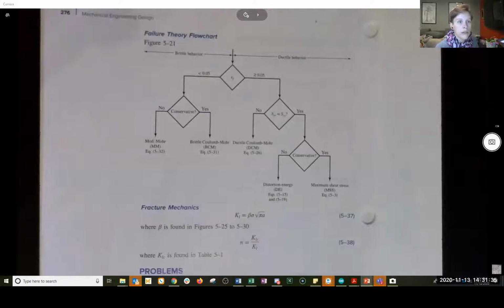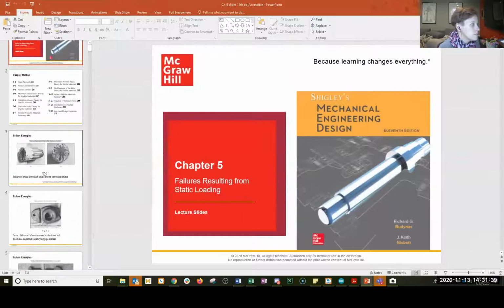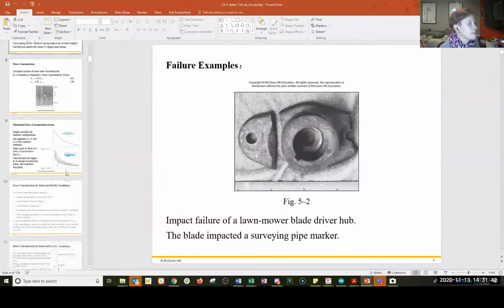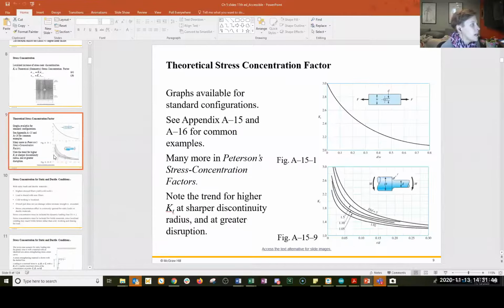So let's look at that. Okay. They've got some really cool examples of failure in the book, and I could spend all day. But a quick reminder that we are going to use stress concentrations as we think about failure, because we all design things with holes in them. We all design shafts that have shoulders. There are lots of reasons why we're going to need to take a look at stress concentration factors.